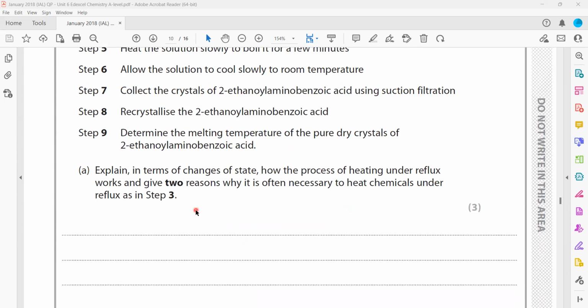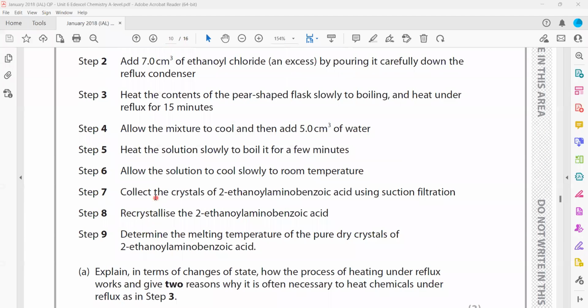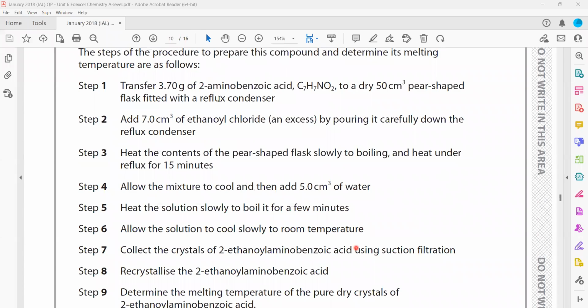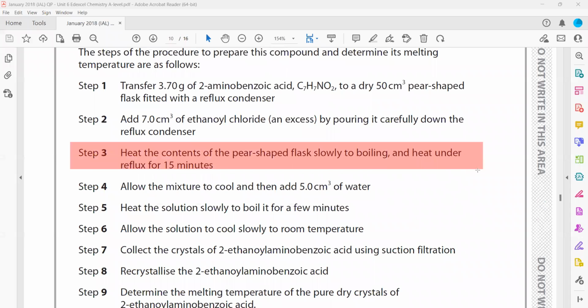crystals. Explain in terms of changes of state how the process of heating under reflux works and give 2 reasons why it is often necessary to heat chemicals under reflux in step 3. So how does heating under reflux work? Heat the contents of the pear-shaped flask slowly to boiling and heat under reflux for 15 minutes.